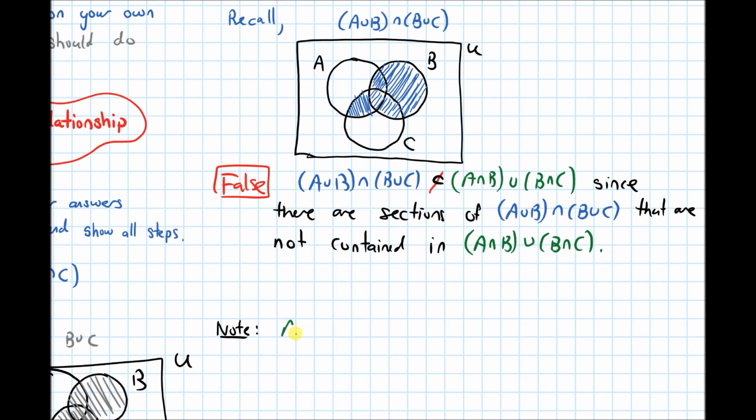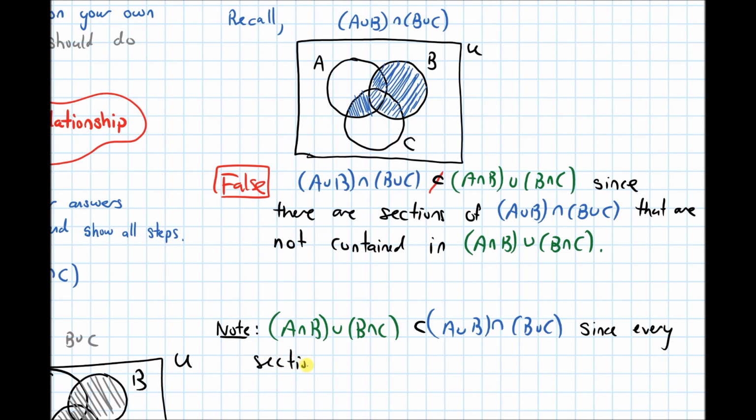The green one, A intersected with B union B intersected with C, is a subset of the blue one, A union B intersected with B union C. And the reason why, if I needed to justify it, is since every section of the green set, A intersected with B union B intersected with C, is contained in that blue set, is contained in A union B intersected with B union C.